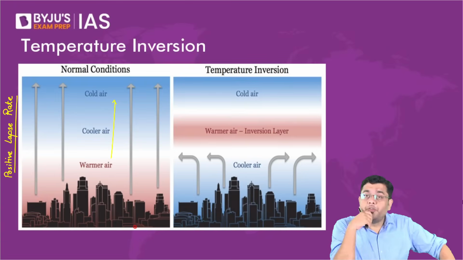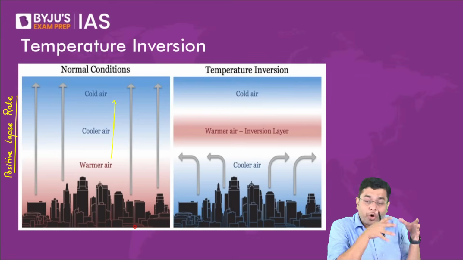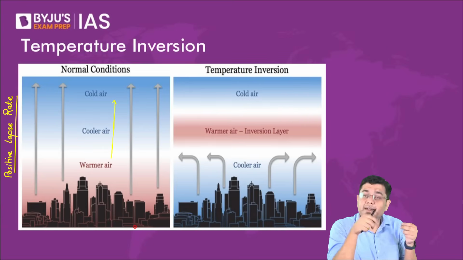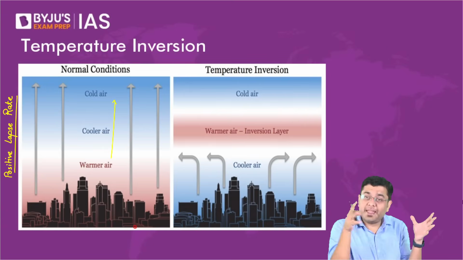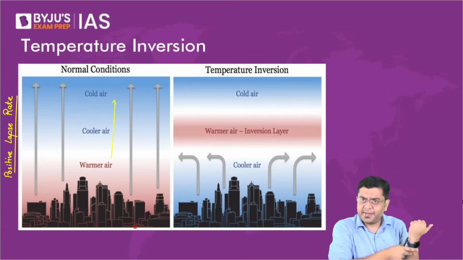So whenever you have a positive lapse rate, you have a significant vertical motion of air or wind. We have studied that. Warm air is always going to be lighter because the particles have a greater amount of energy, so they will escape the system. So warm air will always rise up, just like the convection current.